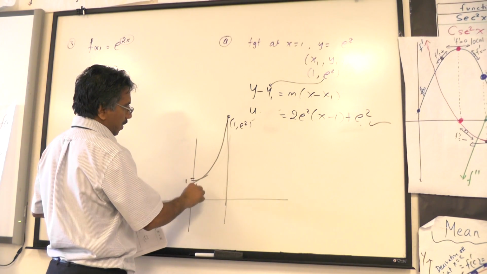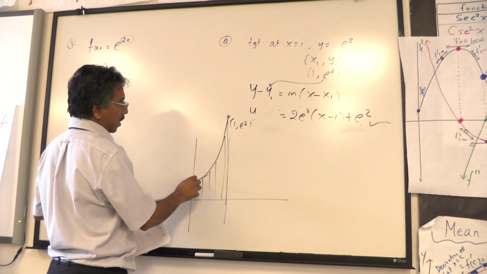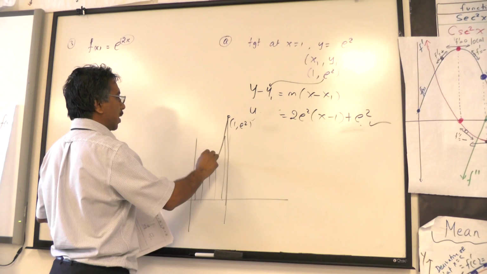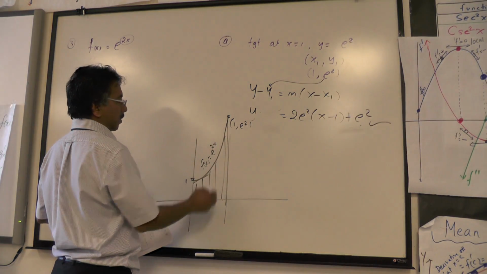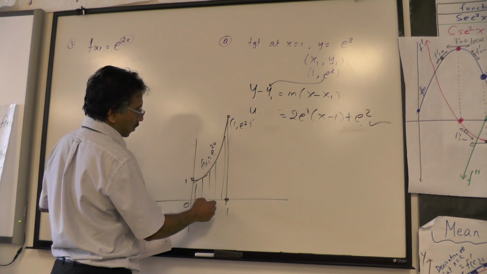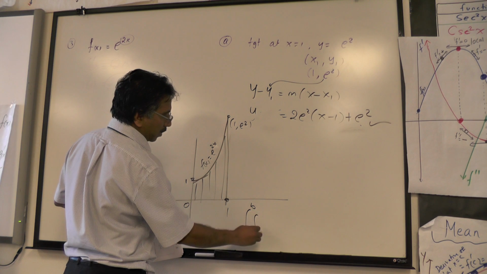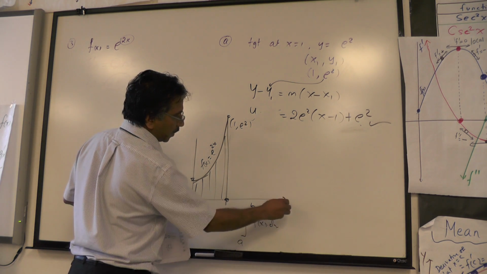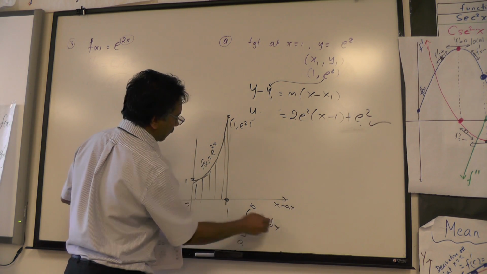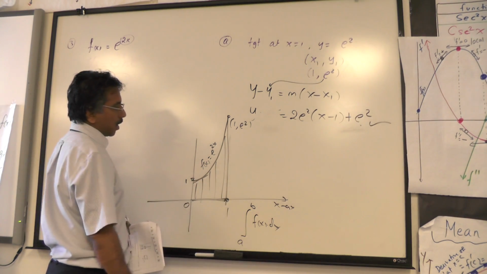So we need to figure out what this area is. Now this area is below the curve f(x) equals x squared e raised to 2x from 0 to 1. So to find the area, the formula is the integral from a to b of f(x) dx down to the x-axis. So we want to find this area until the x-axis here.